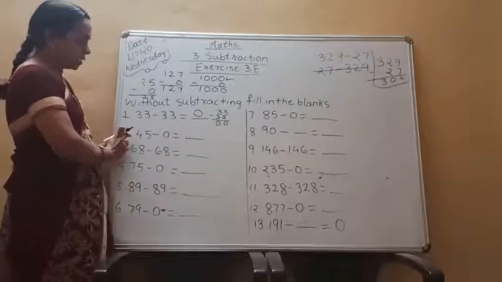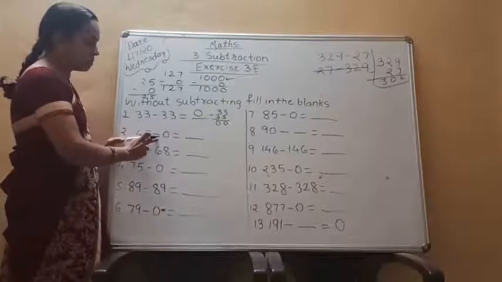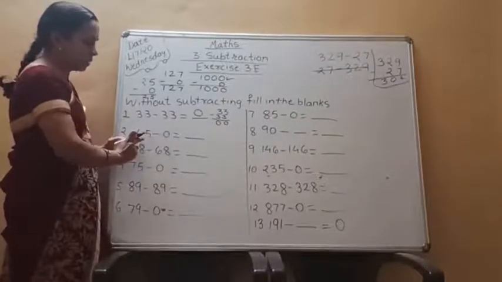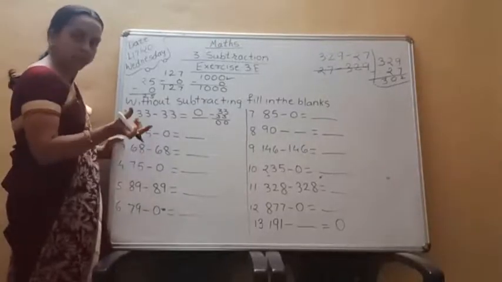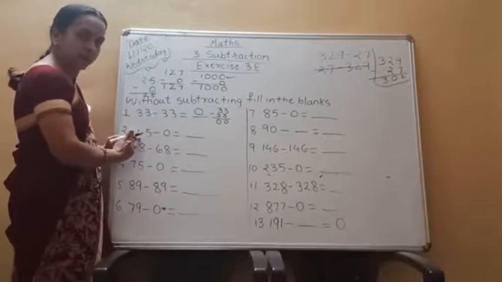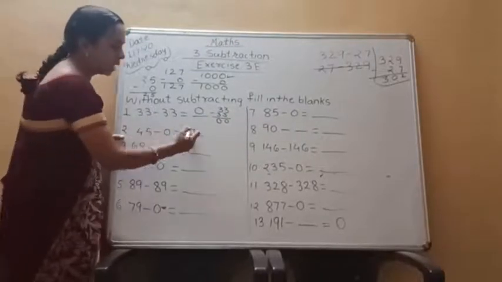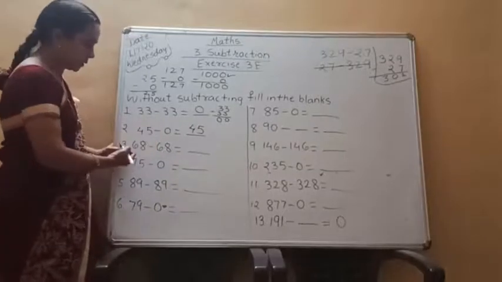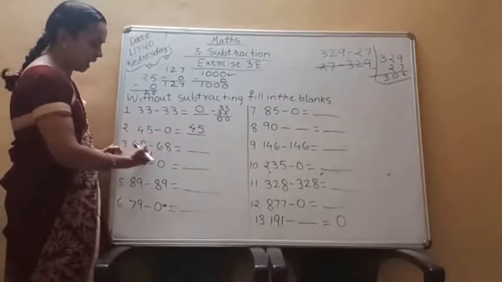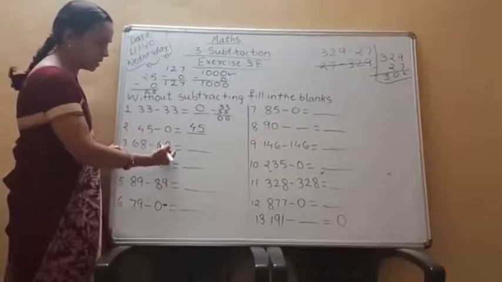Okay. Now see, second question. 45 minus 0. If we are subtracting 0 from any number, what is the answer? That number only. So what will we write here? 45. Very simple. Now see third question. 68 minus 68.